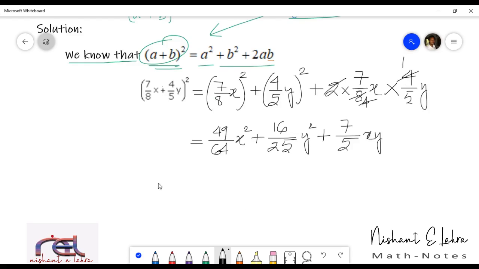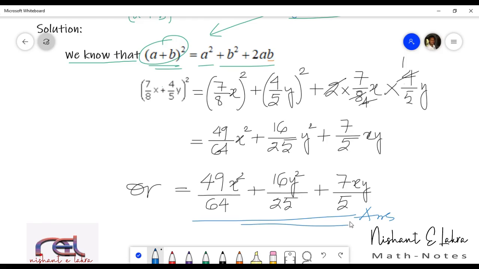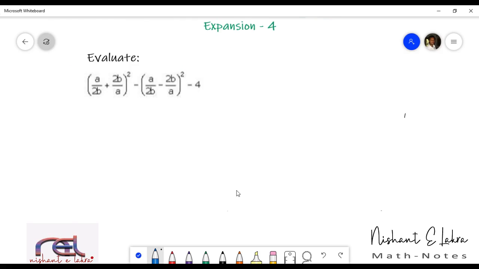So this is the answer, and we can write this answer this way also. So this is the answer for the question. I hope you have understood it. You can practice it by yourself to understand it much better. Keep learning and keep practicing.